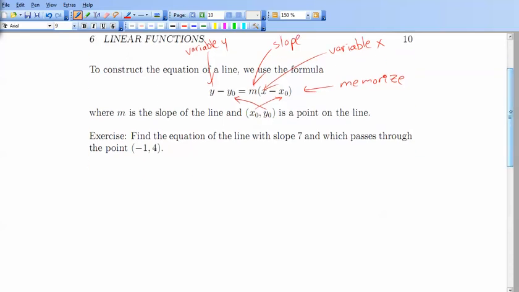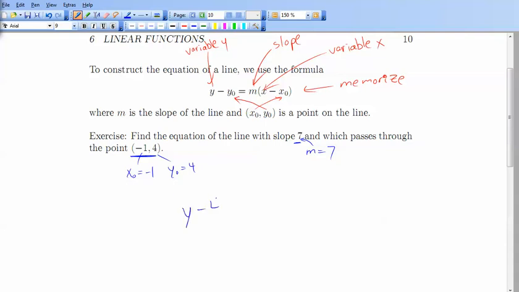So how do we use this nice formula here? It's really simple. Okay. Here we've got a line that has slope 7. So that's going to be our m value, and we have a particular point on this line. So our x naught is negative 1, our y naught is 4, and again the slope, I guess we're calling that m, is 7. So I just need to put everything in place from the above formula.